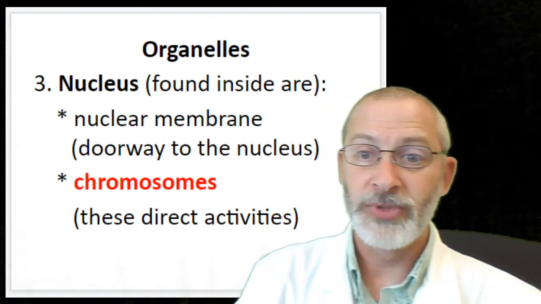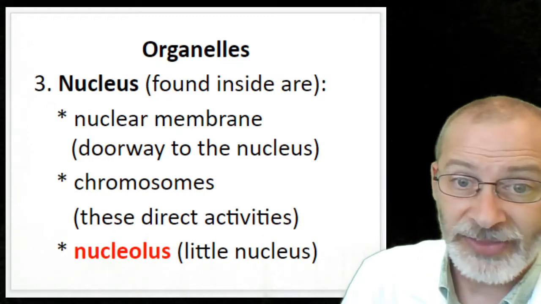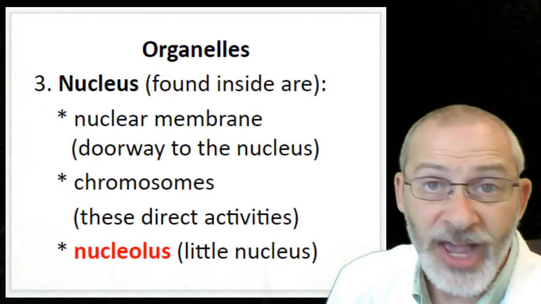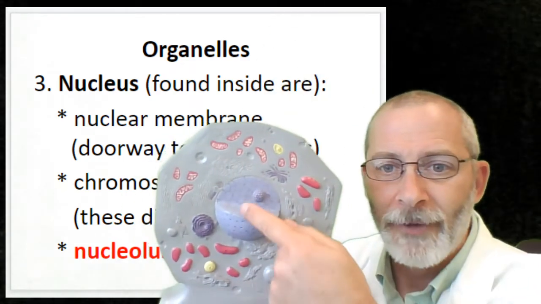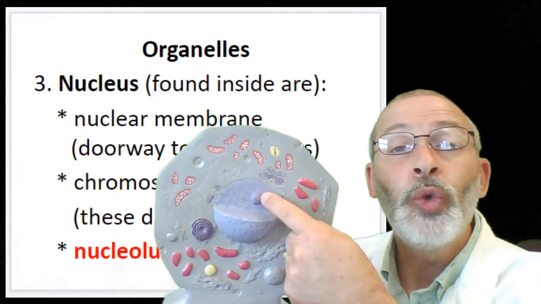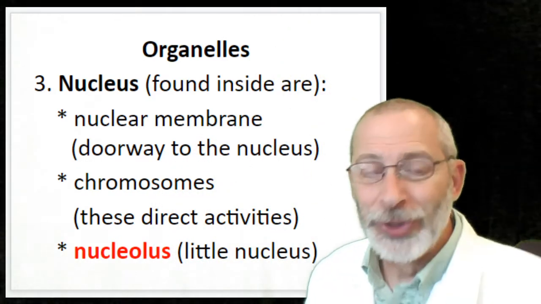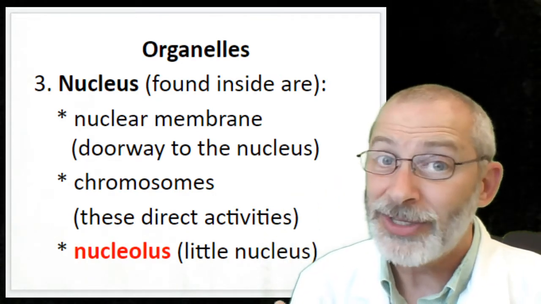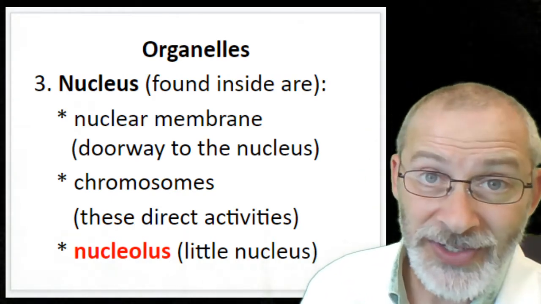Your chromosomes direct very important activities, and they are nestled within this tinier little structure that I pointed out on this model of a cell. This is the nucleolus, and the nucleolus is like a little nucleus inside the bigger nucleus, which really is pretty small when you consider the size of most cells.